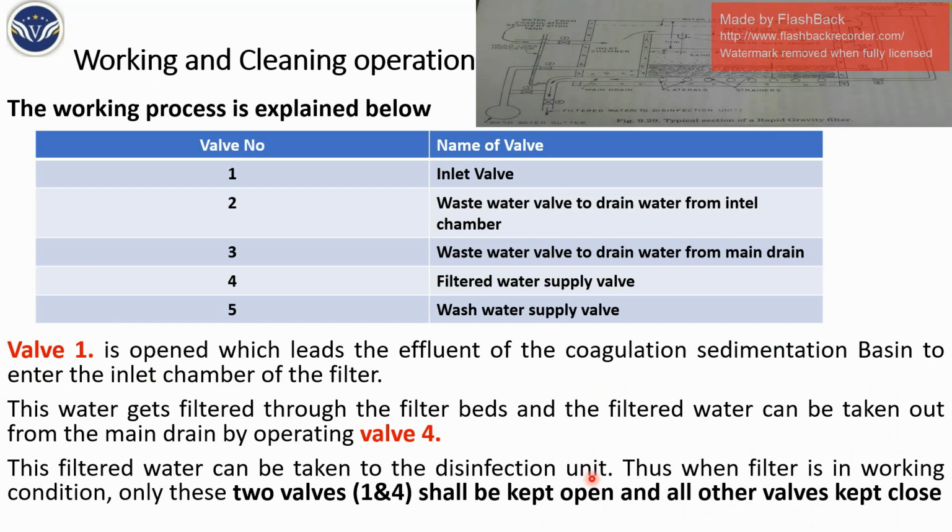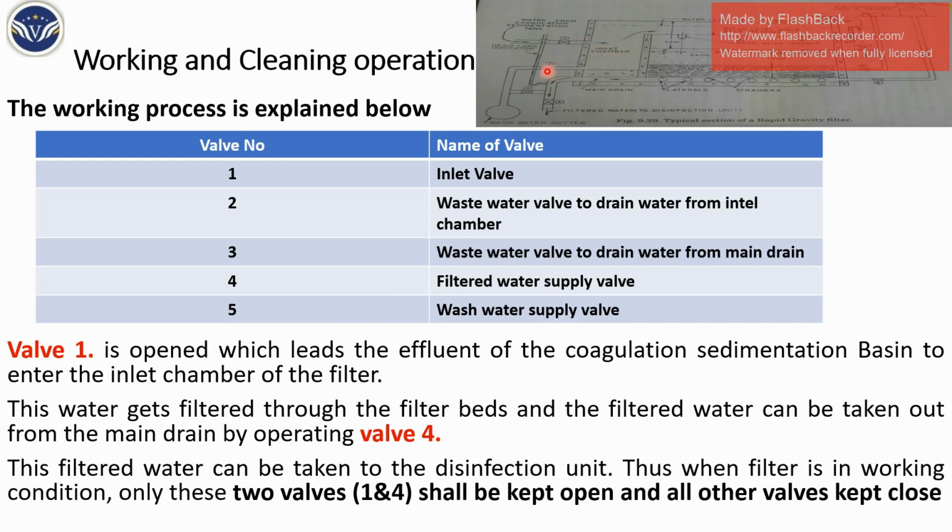Now we will see the working and cleaning operation. This is a rapid sand filter. You see here valves 1, 2, 3, 4, 5 and 6. The first one is the inlet raw water pipe, where the raw water enters the chamber, called the inlet chamber.